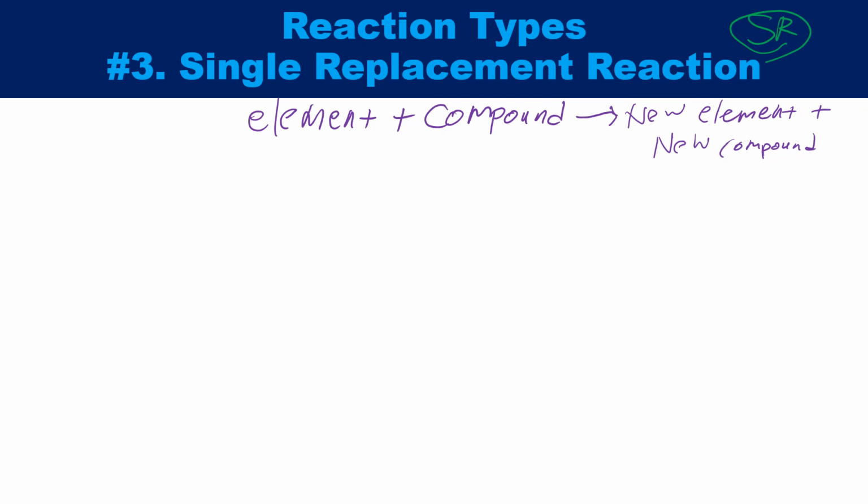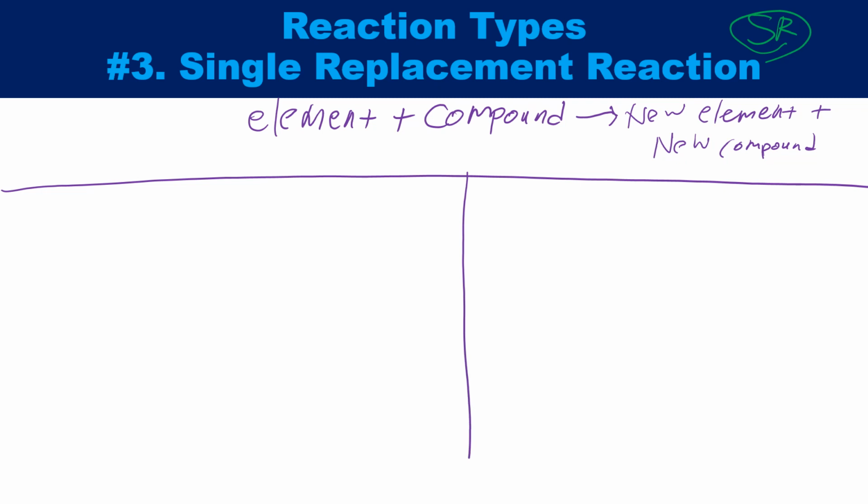And there are 2 different scenarios that talk about this one. So I'm just going to use an example. The first case is, let's say I have a chemical element that is A, and then you have a compound that is BC. So imagine BC is, let's say, sodium chloride, an ionic compound. In one scenario, A and B switch places.